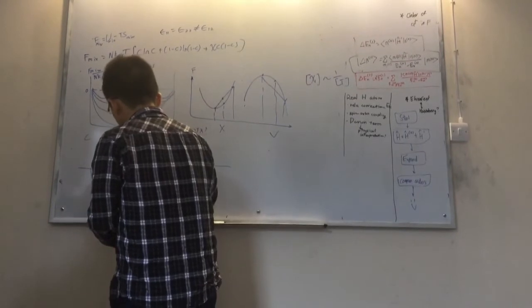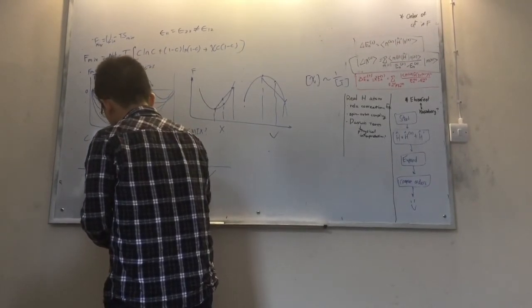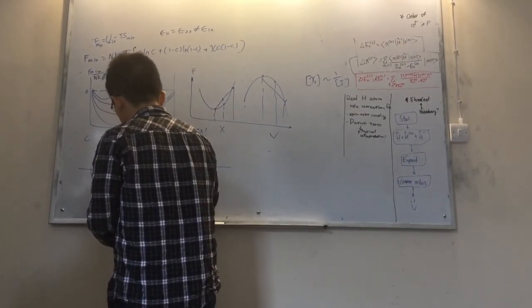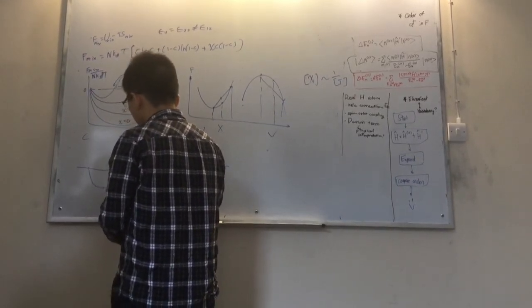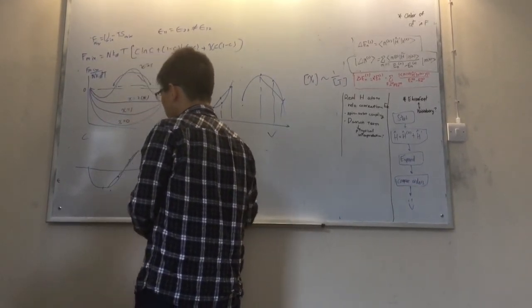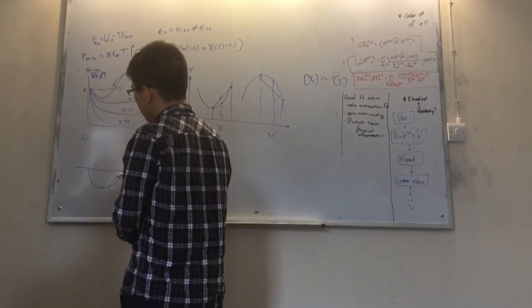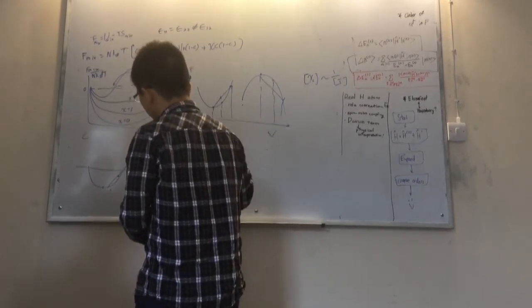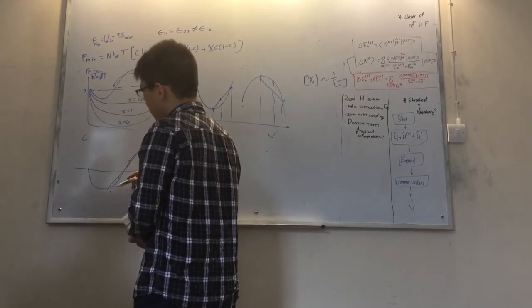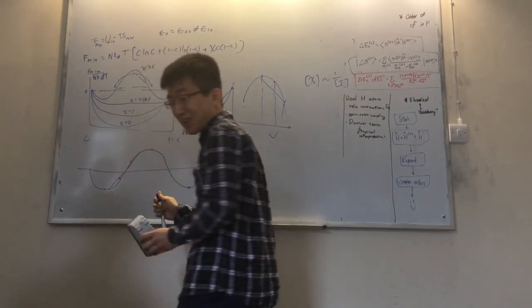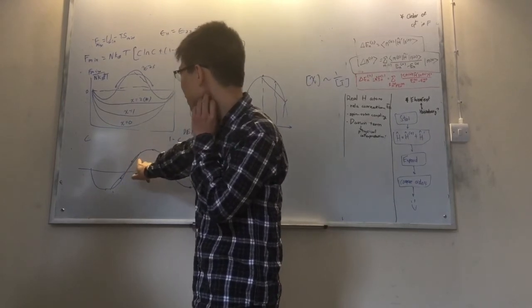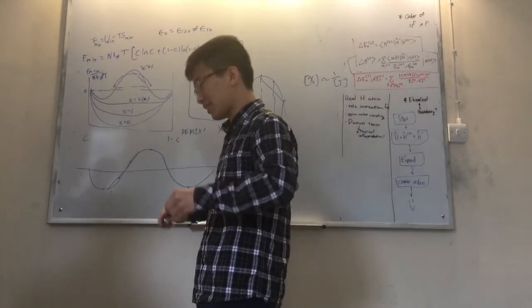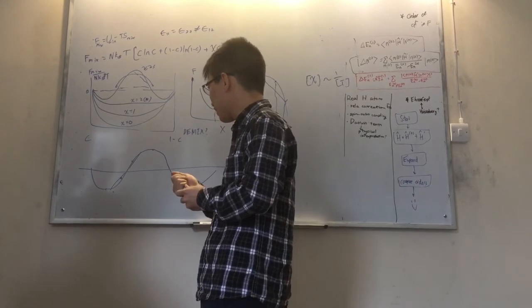But this part is dynamically unstable, whereas this one is locally stable. So this one is not that easy to demix because you need to overcome the barrier. I can't remember, but I do know this one is locally stable because of the curvature, and the other is locally unstable. This brings us to the idea of the binodal and spinodal lines.